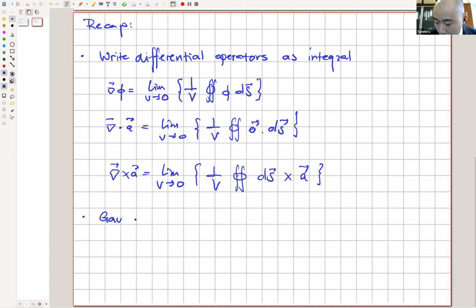Sometimes it's also referred to as the divergence theorem, which simply states that when I have the integral of a divergence throughout a particular volume, then I can equate that to a surface integral like this.